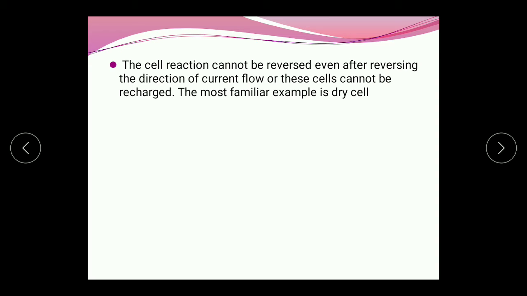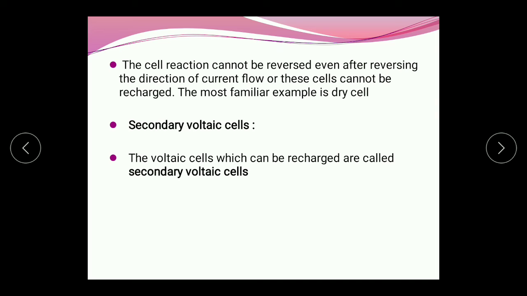Now, what are secondary voltaic cells then? The voltaic cells which can be recharged are called secondary voltaic cells. That means those that cannot be recharged are primary and those that can be recharged are secondary voltaic cells. That is the main difference between these two types. How can these cells be recharged?